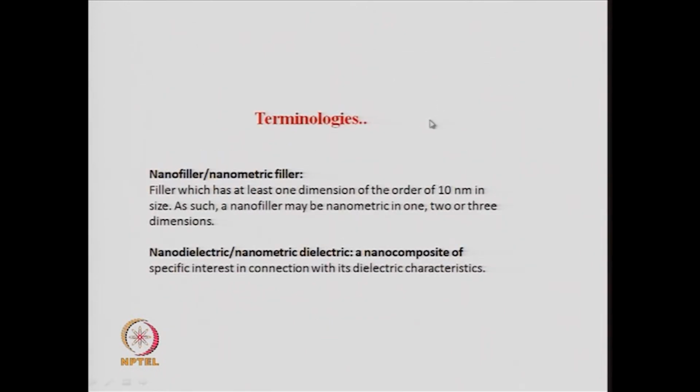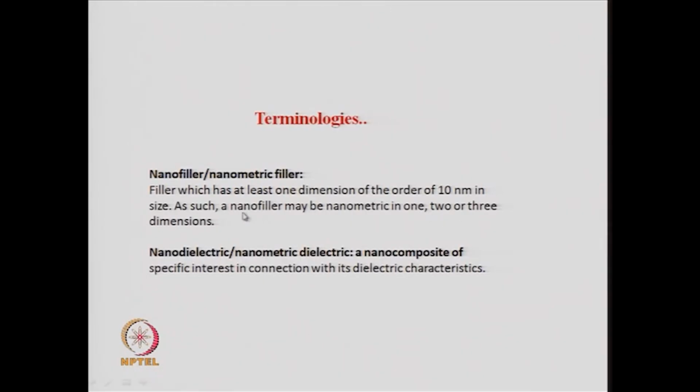Now, one can clarify these terminologies: what is a nanofiller or a nanometric filler. A filler, if it is a nanofiller, should have at least one dimension of the order of a few nanometers.